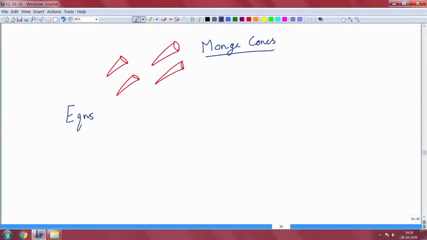So, you look for the Monge cone, and then you look for your surface such that at each point it is tangent to the Monge cones. Let us try to write down the equations of the Monge cone. Let me write down all the equations. You have f of x naught, y naught, z naught, p, q equal to 0.